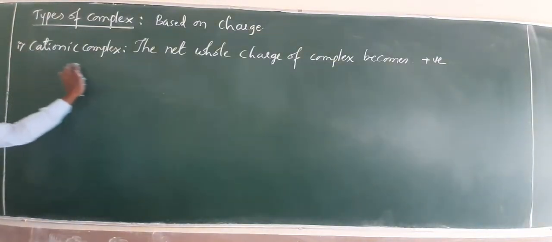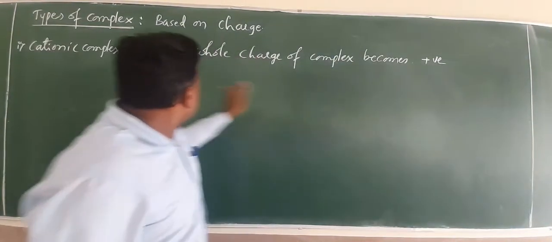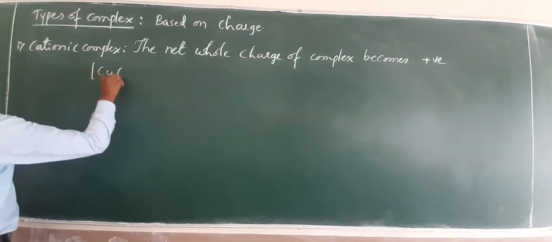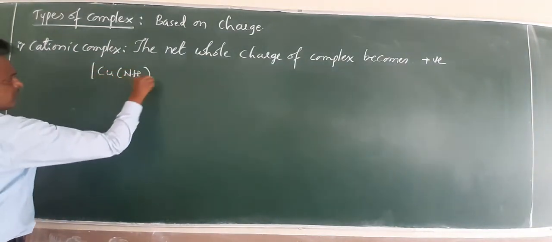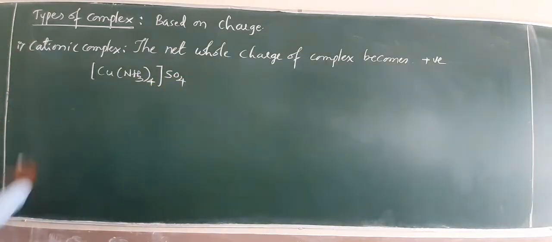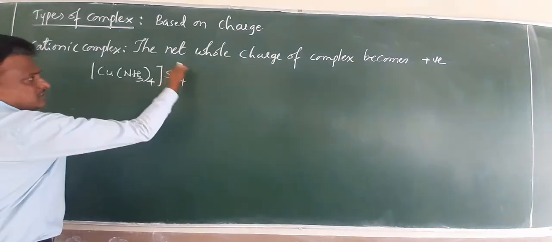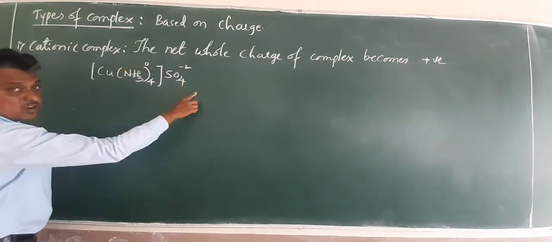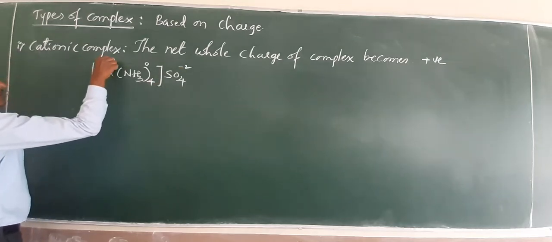Those are known as cationic complexes. For example, I will take [Cu(NH3)4]SO4. Cationic complex. How can you find out? Sulfate is minus 2, ammonia is 0, net must be 0, so minus 2, obviously it is plus 2.